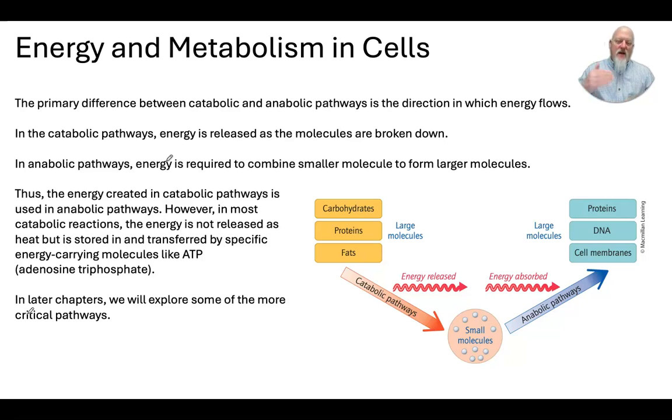So as we break down molecules in the catabolic pathway, we produce energy. And that energy that we produce is used by the anabolic pathways to build up larger molecules, right? Because anabolic pathways require energy. We're going from smaller molecules to larger molecules. And catabolic pathways release energy. So it's a nice combination of things.